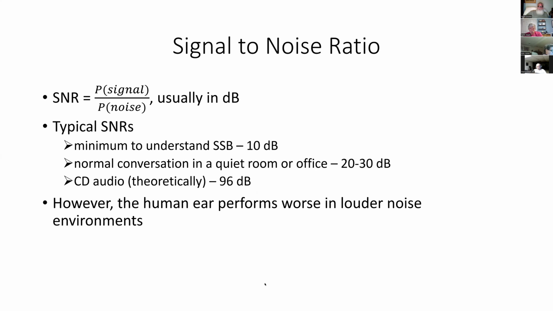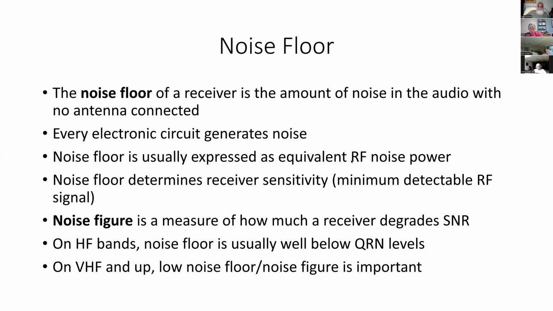And I think I'm going to finish up here with noise floor. The noise floor of a receiver is the amount of noise that's generated inside the radio. So it's the amount of noise in the audio output with no antenna connected. This is because every electronic circuit generates noise from the random motions of electrons.